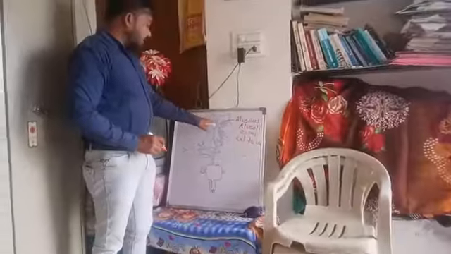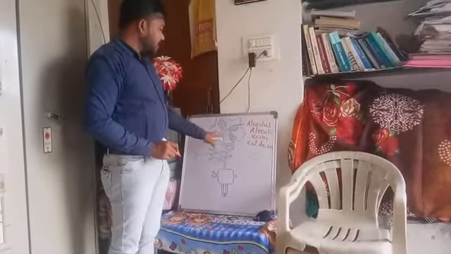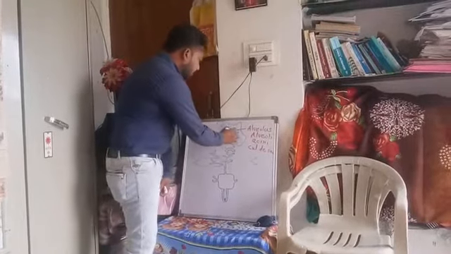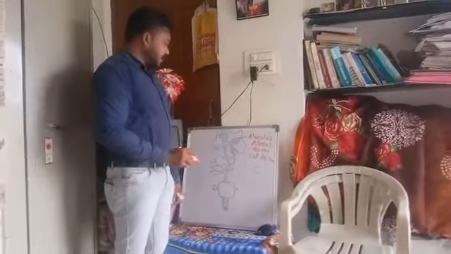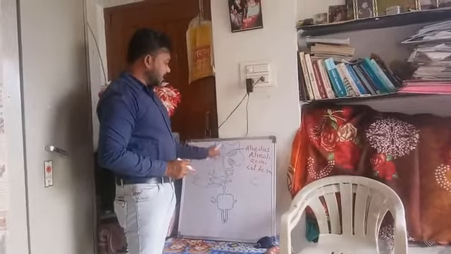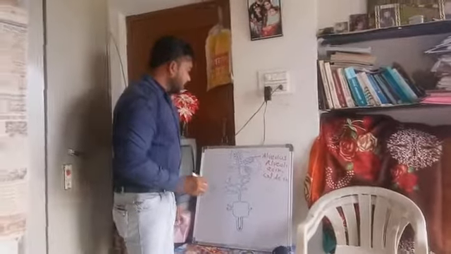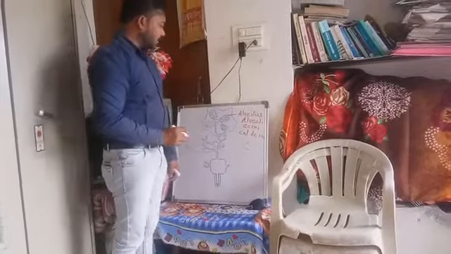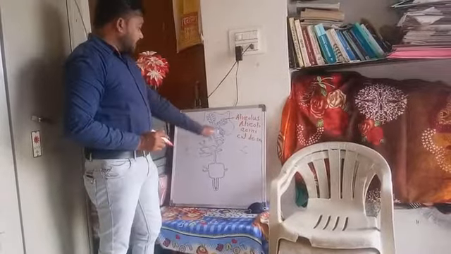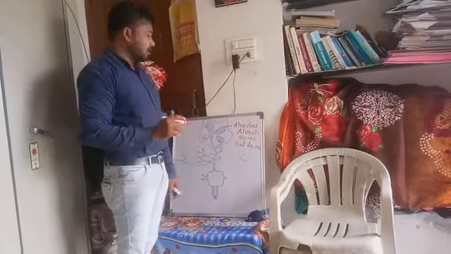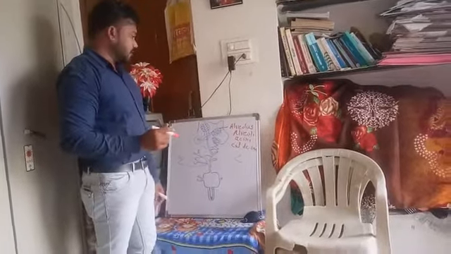Such alveoli are present inside the quarter, and millions of alveoli are present inside each quarter. These alveoli are very important in the udder, because every alveolus is called the basic unit of milk synthesis.